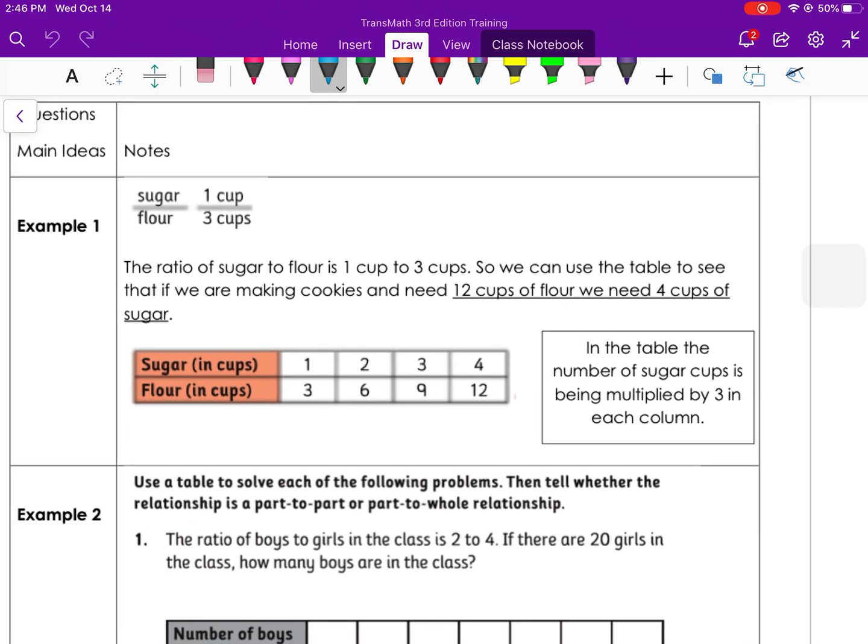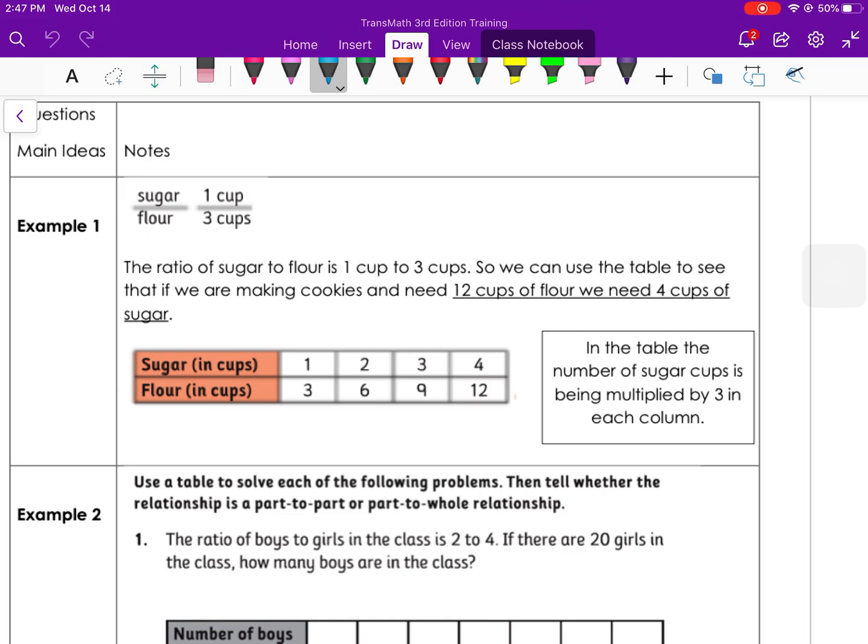If we say that the ratio of sugar to flour is 1 cup to 3 cups, which means for every 1 cup of sugar, we need 3 cups of flour. You can see in the table that if you're making cookies, then you will need 12 cups of flour for 4 cups of sugar.